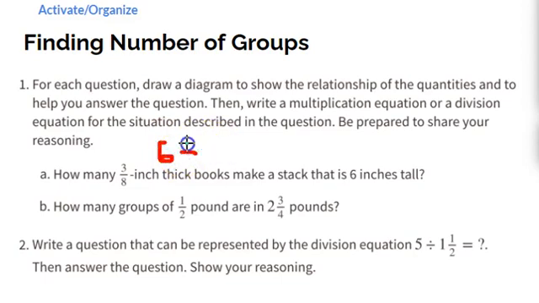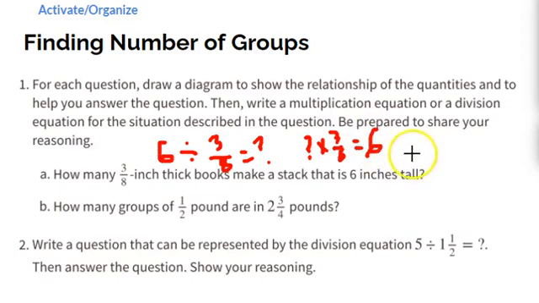If we think of it as division, we've got 6 inches and need to see how many 3/8 of an inch we can find in that. By the same token, the number of books times the 3/8 that makes it up gives us 6 inches. So what's that going to look like as a diagram?